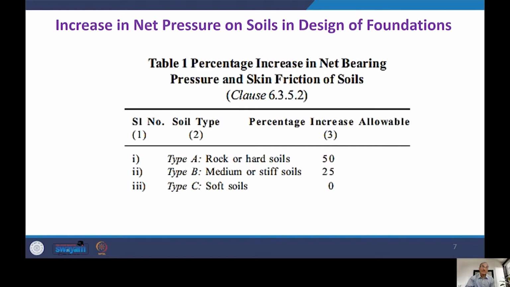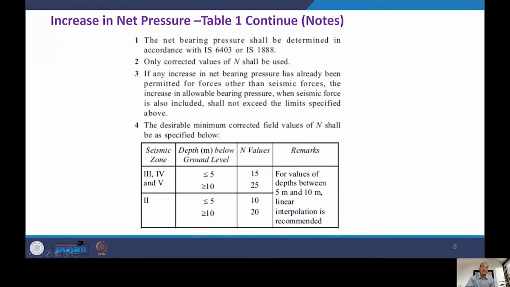Then only corrected values of N shall be used when determining N, which is coming later.